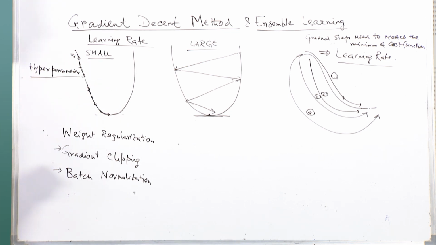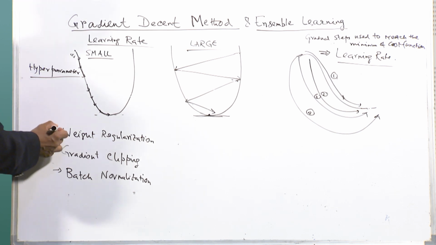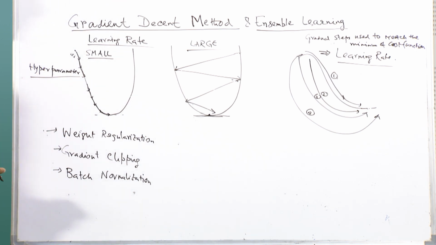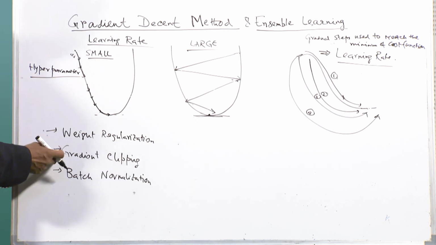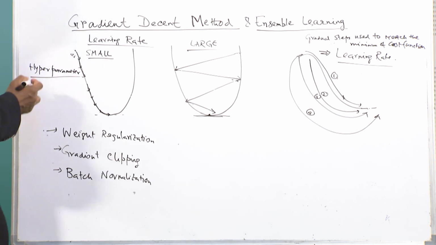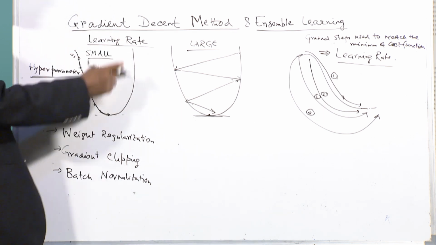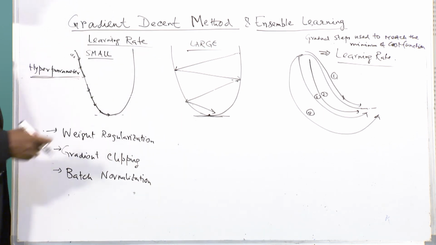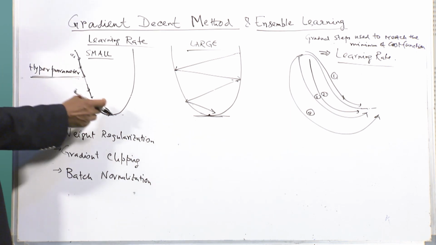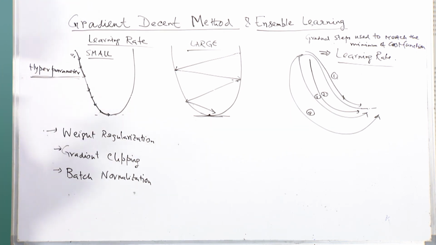That is what is called batch normalization. So, either you can regularize the weights, or you can use gradient clipping or batch normalization to decide which is the optimum learning rate. That is how we can tune the hyperparameter. You must be hearing these words a lot, hyperparameter tuning. Now you understand that this learning rate is tuned to reach this point in the best possible way, right.